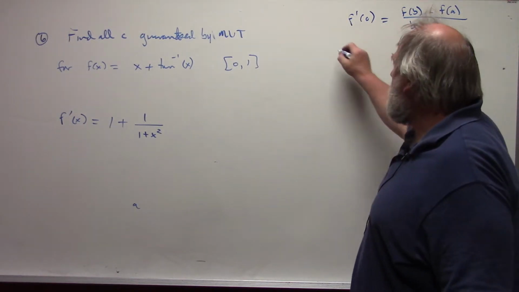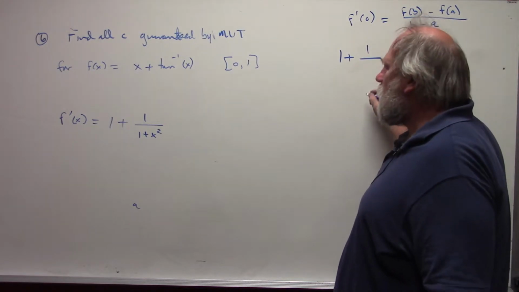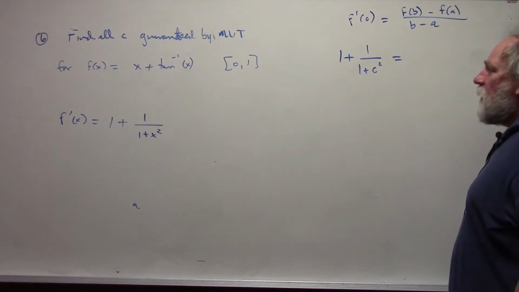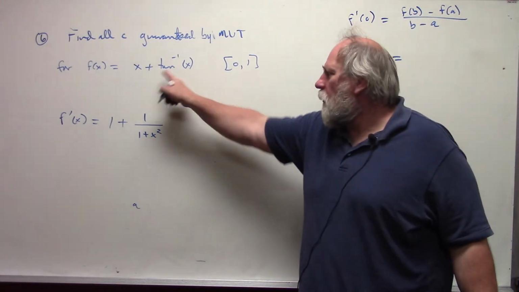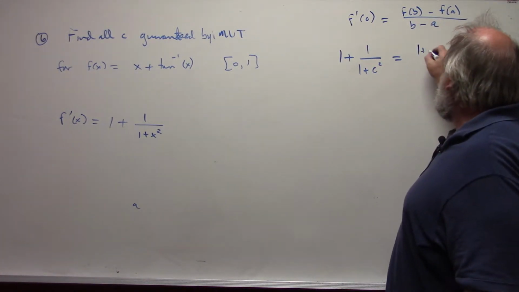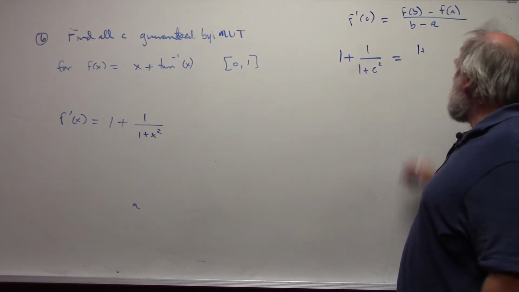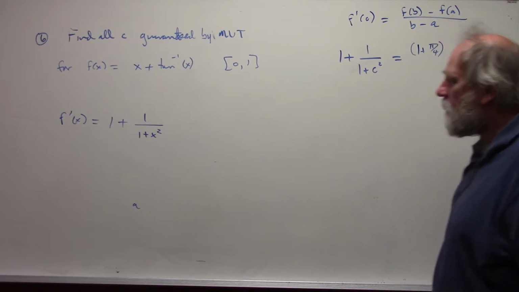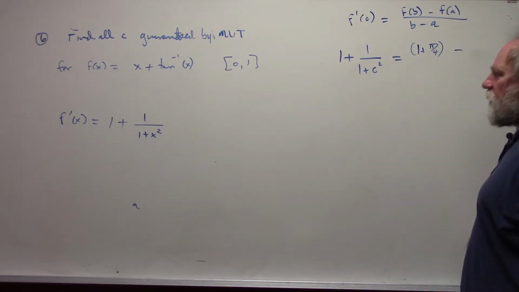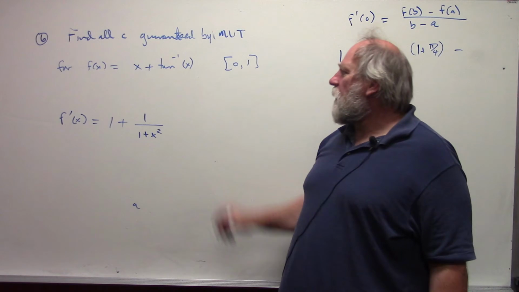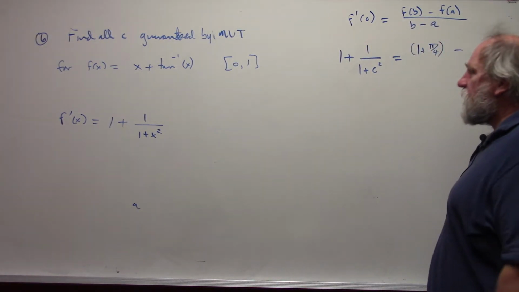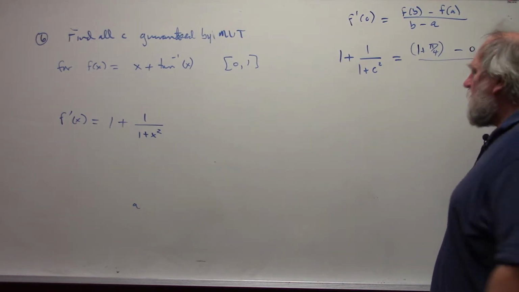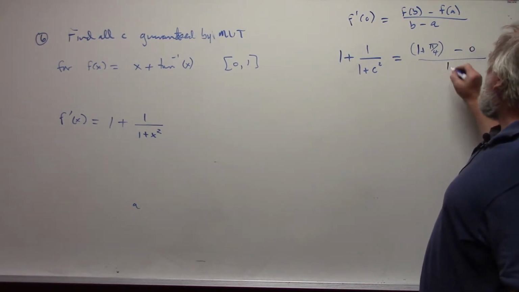F prime at c would be 1 plus 1 over 1 plus c squared, and that's equal to f of b, 1 plus the arctan of 1, which is pi over 4, minus f of a, the arctan of 0 is 0, over b minus a, which is 1 minus 0 or 1.